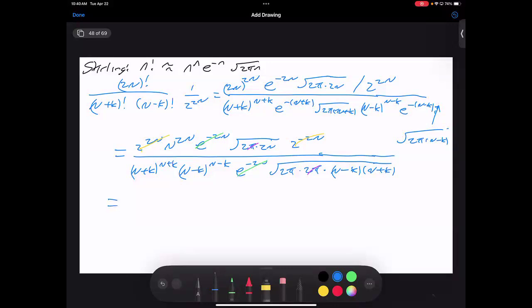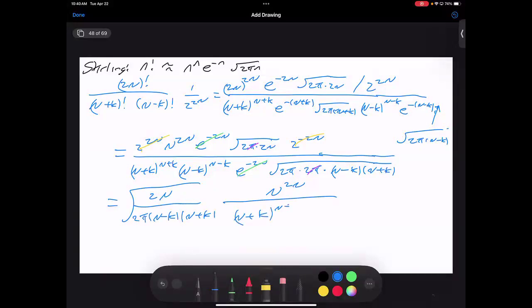So I've got the square root of 2 pi, oh, it's not 2 pi, 2n, divided by 2 pi n minus k n plus k. And then I have an n to the 2n over n plus k to the n plus k, n minus k to the n minus k.